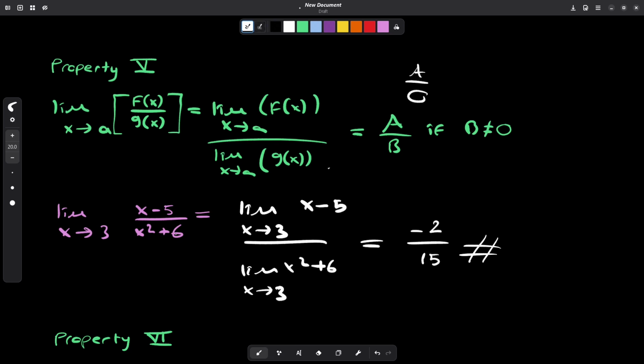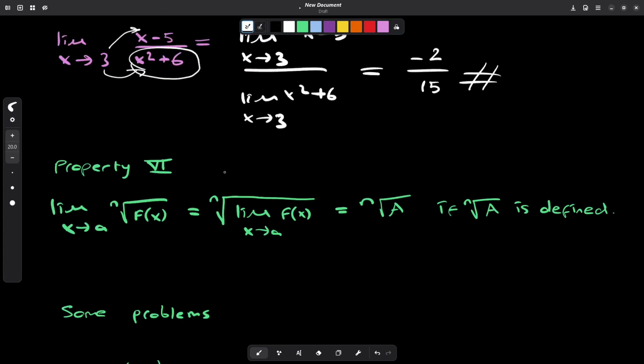Be careful, our denominator is not equal to 0, so we could use property number 5. But if our denominator was 0 after plugging the 3 in, we could not work with this. You don't need to write it separately like this every time, obviously. You can just plug it in the limit, but since we are learning properties, I am going step by step.